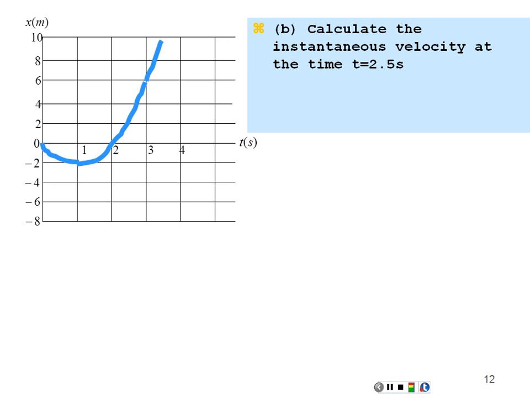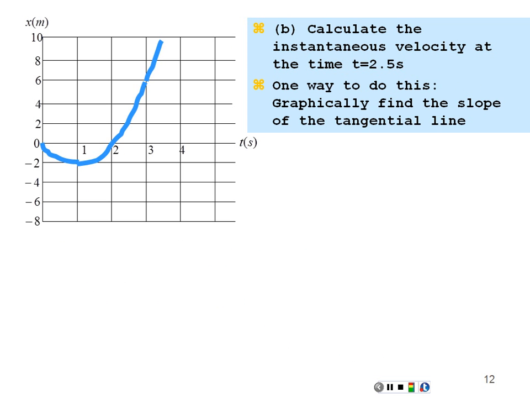Let's calculate the instantaneous velocity at the time t equal 2.5 seconds. To calculate instantaneous velocity, one way to do it graphically is to imagine what we just did, where we had 2 points on either side of the point in question, and a chord connecting those points.